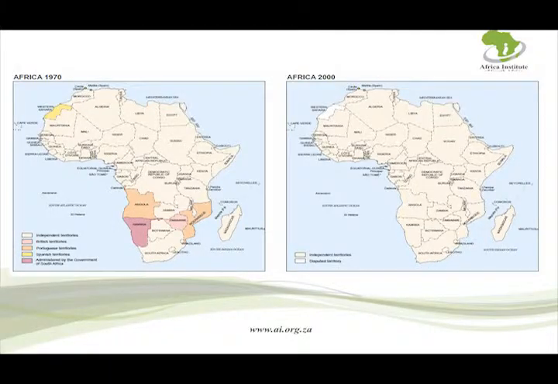Tanganyika, which was then German East Africa, became Tanganyika under British rule, and Southwest Africa, which was German Southwest Africa, was administered by South Africa. Then decolonization went on.